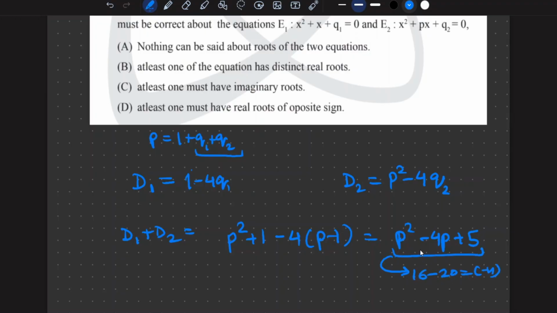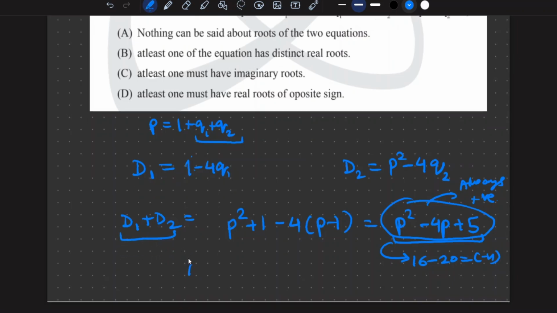Which implies that this whole thing will be always positive. Since this thing would be always positive, the sum of discriminants D1 plus D2 is always positive.